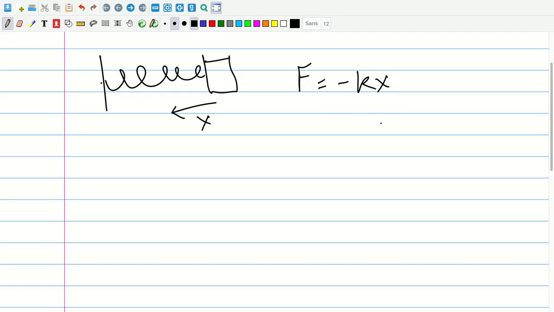So we've seen this before, Hooke's law. Now, this force is mass times acceleration. So we can write m times the second time derivative of x.